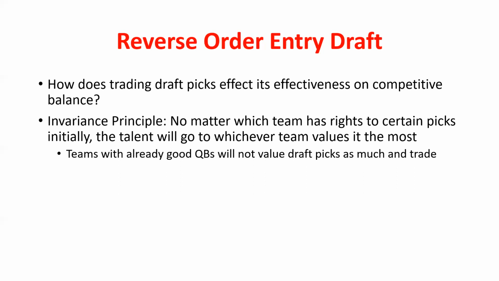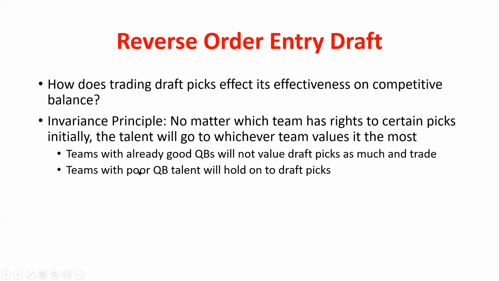And so sometimes it's not so much the valuation of the pick, but the valuation of the players that drives where we see these trades occur. So it may not look like the invariance principle is playing a role, but it really is. It's just that the teams aren't trying to think about their valuation of the pick, but more the valuations of the players or the expected players remaining in the draft at that point.